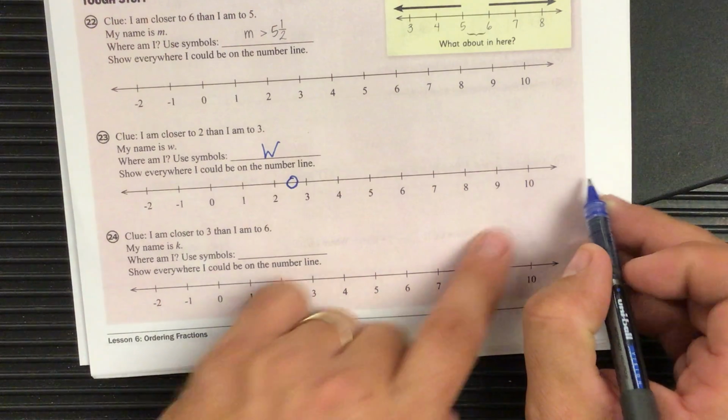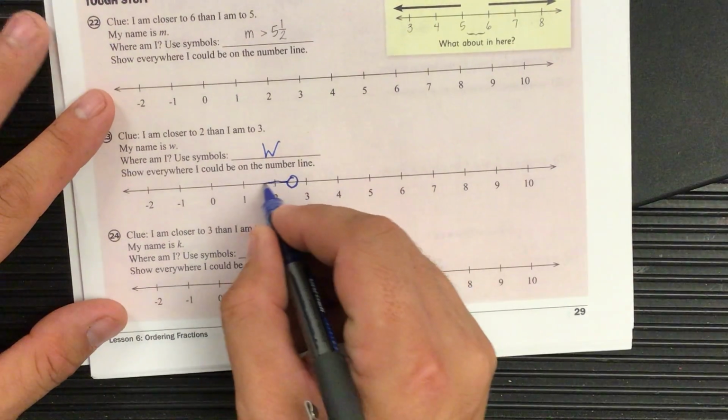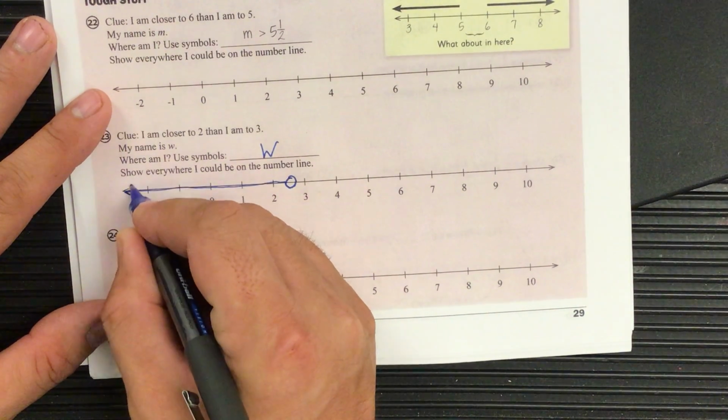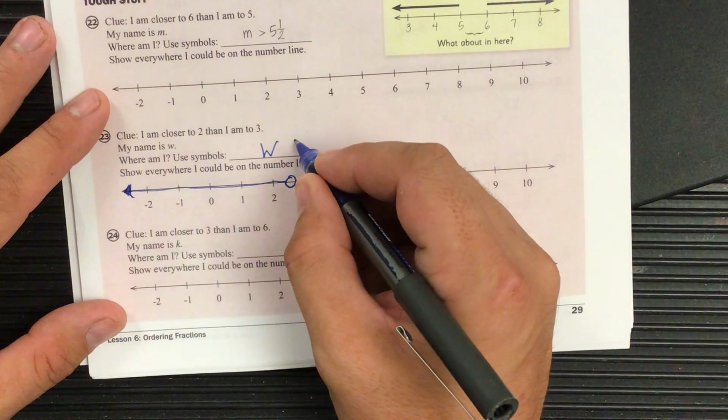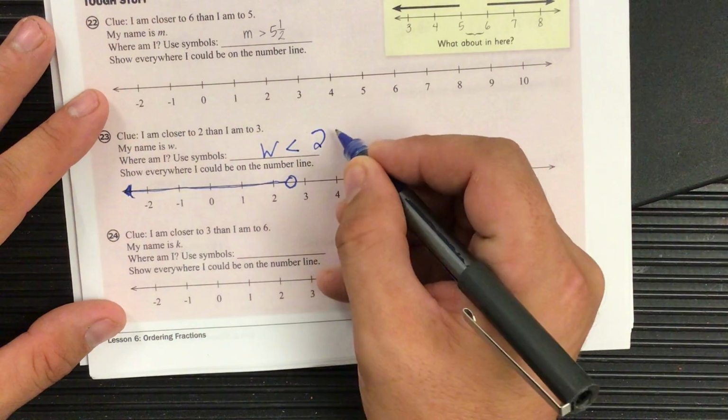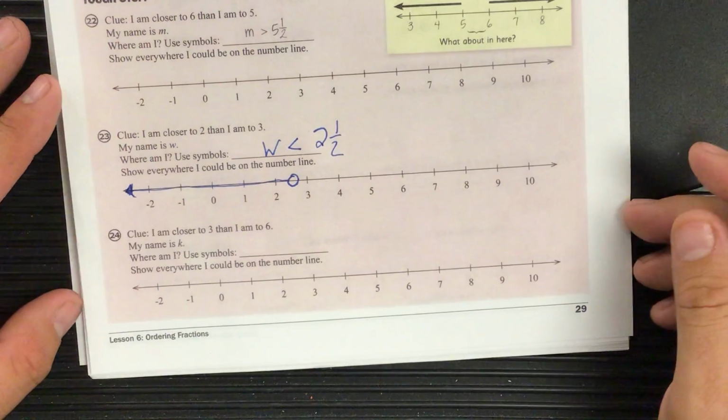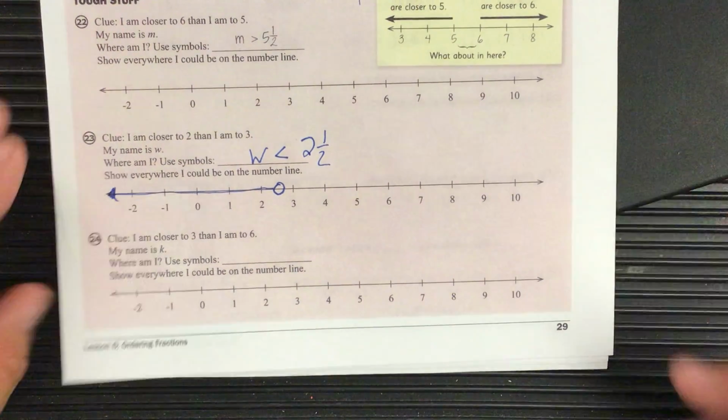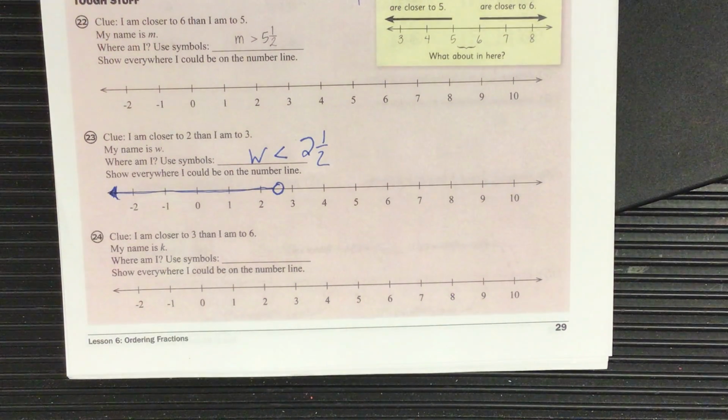Less. Why less? Because it says it's closer to 2. Yeah, absolutely. So W is less than 2.5. Remember, if we're going to draw it on a number line, it is an open circle, because it doesn't include 2.5, because that would be exactly in the middle.